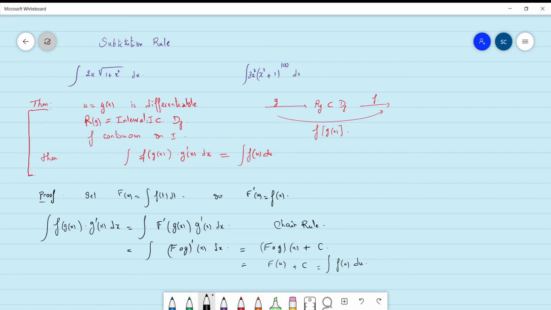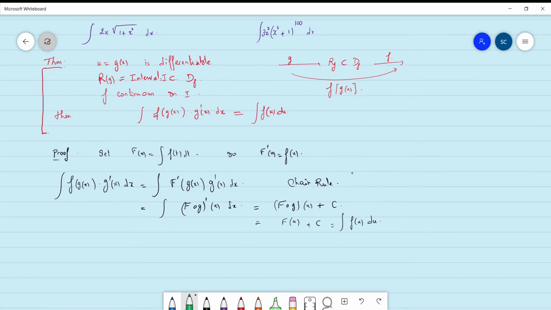Okay, so let's find the answers for the examples we set at the beginning. If I am asked to find an antiderivative of this function, let's identify: I see a composition and something that looks like g prime. So I need to identify f and g.